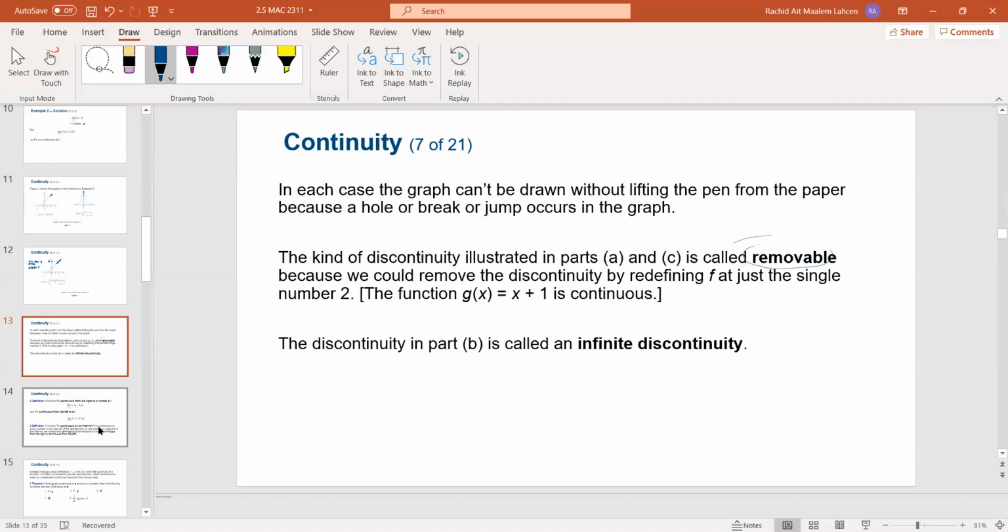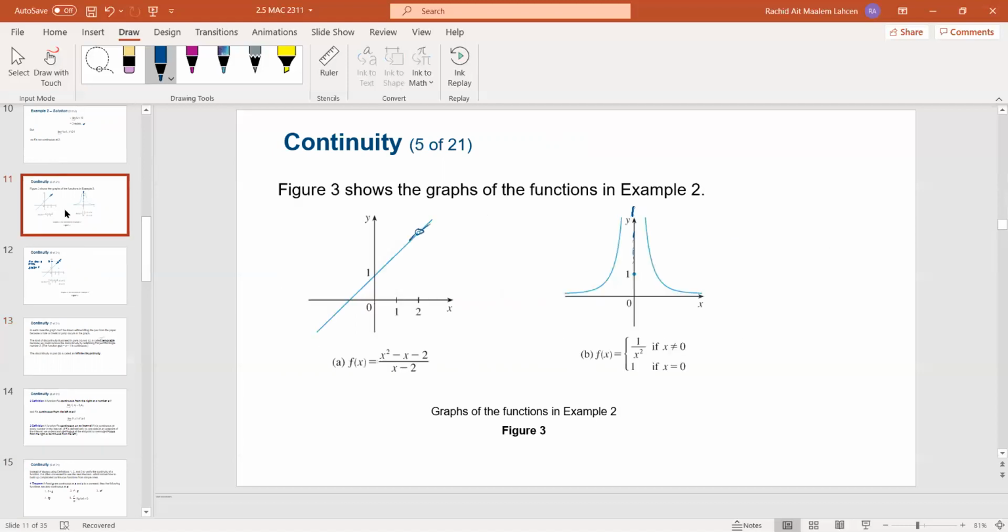For example, here in A and C, there is a hole in the graph, but you can define this one. You can say, for example, f of 2 is 1. If you do this, then you fixed it. So sometimes it can be fixed.